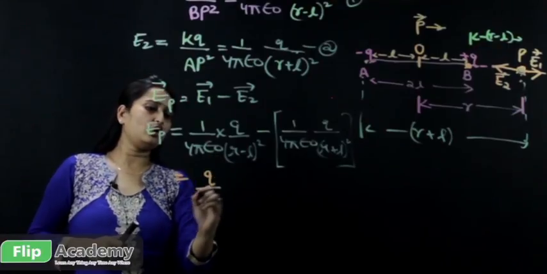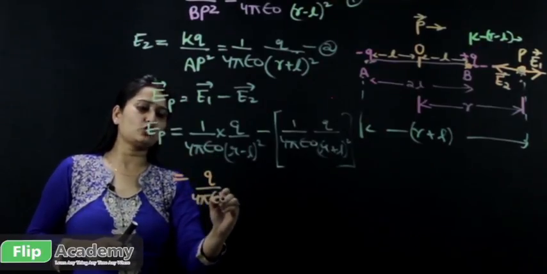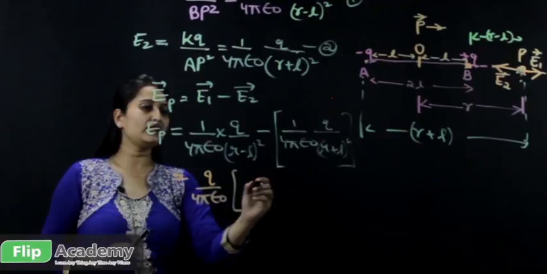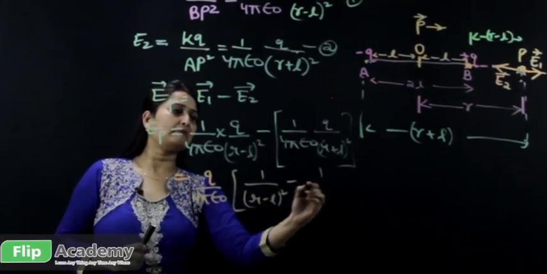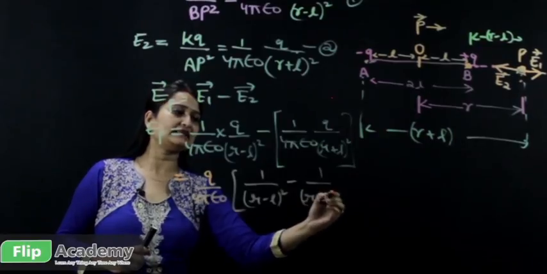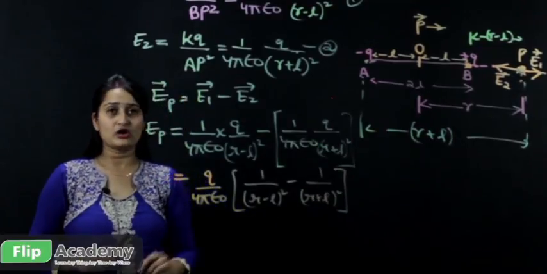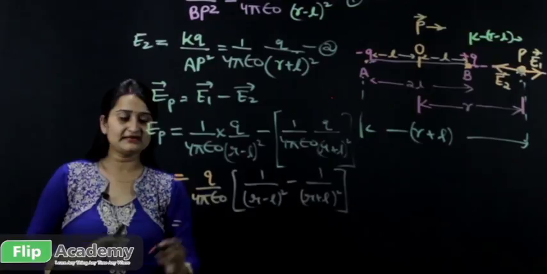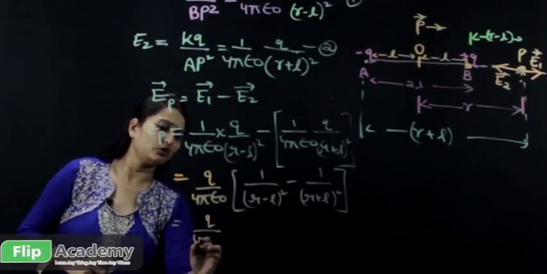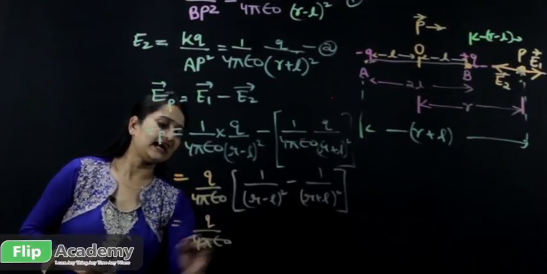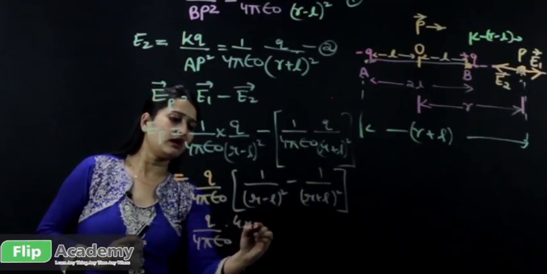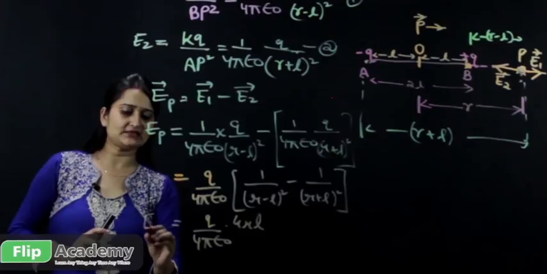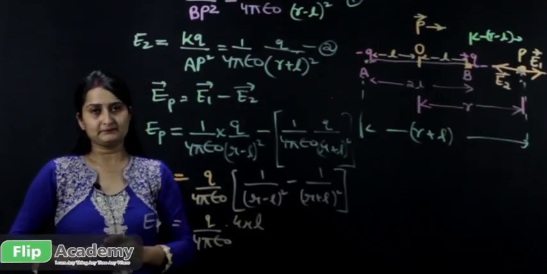Q upon 4 pi epsilon naught is common in both the cases. You are left with 1 upon R minus L whole square minus 1 upon R plus L whole square. Now solve this value. You will get the answer, that is Q upon 4 pi epsilon naught times 4RL. So this is the resultant at point P.